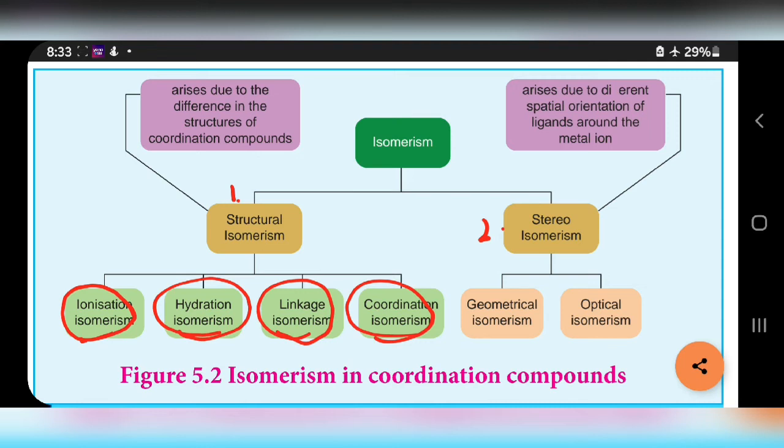Structural isomerism arises due to differences in the structure of the coordination compound. The heading itself contains structural, that means both have the same molecular formula but different structure. Second part is stereoisomerism. Stereoisomerism arises due to the different spatial arrangement of ligands around the metal ion.